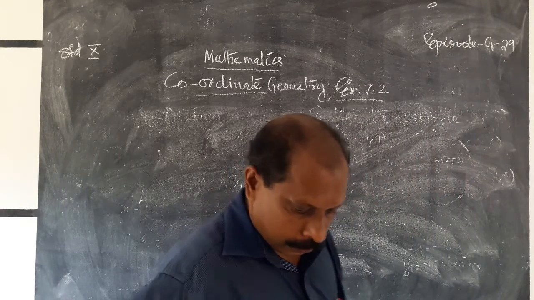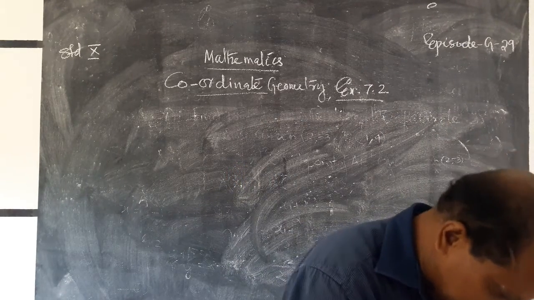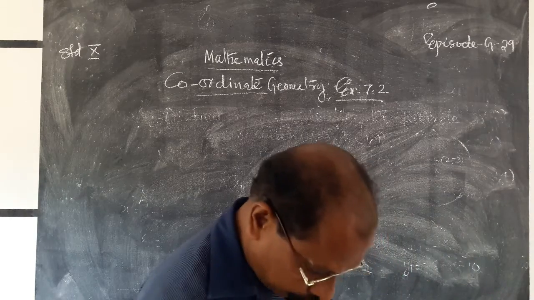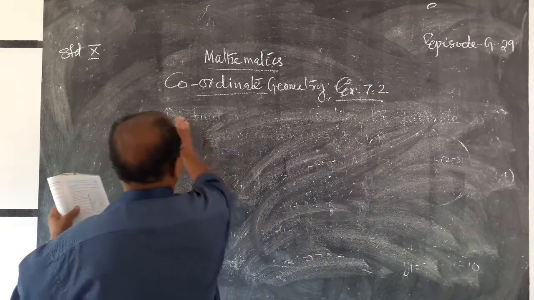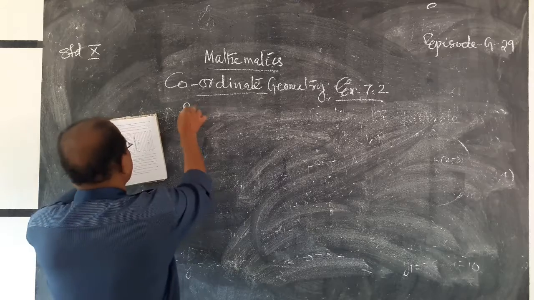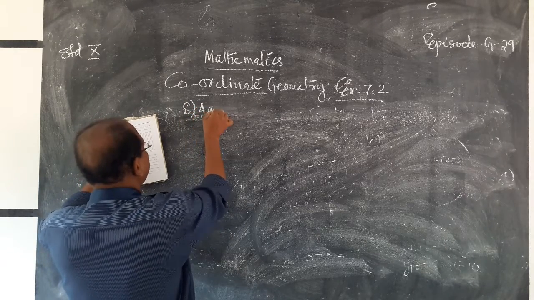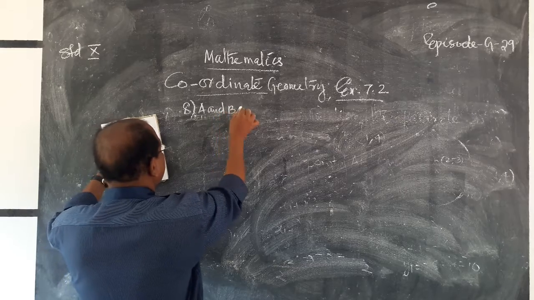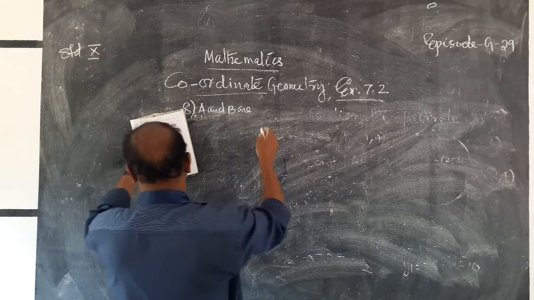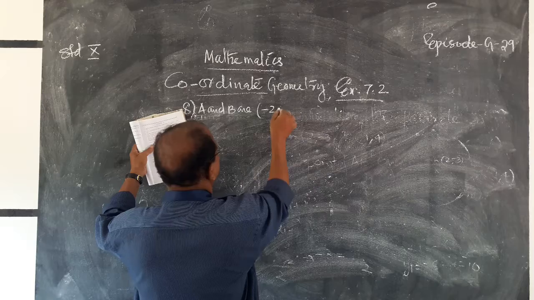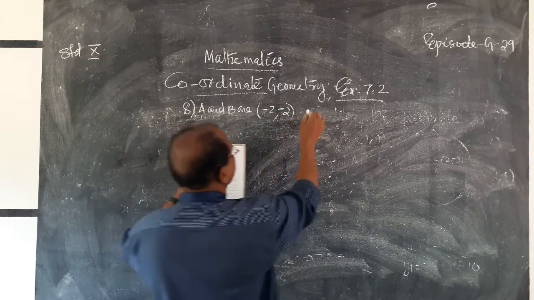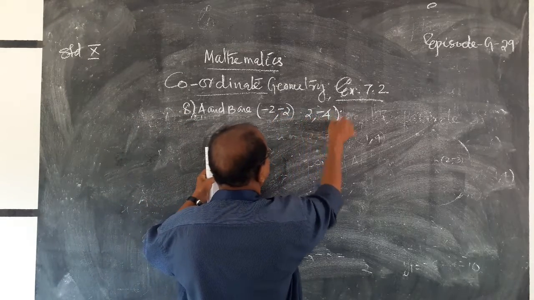Then the eighth question is, question number 8. A and B are (-2, -2) and (2, -4).